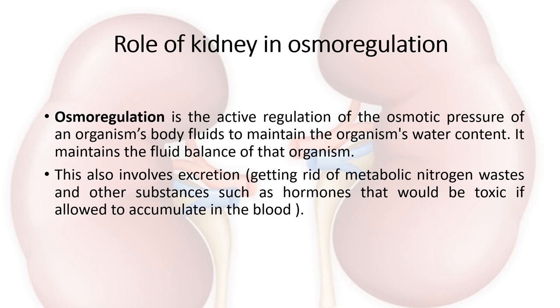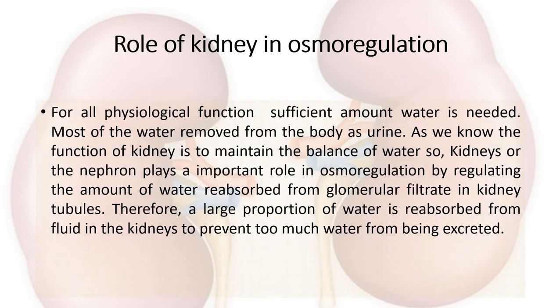Osmoregulation also involves the excretion of different types of metabolic nitrogen waste and other substances which are toxic for our body. So we know for all types of physiological function we need a sufficient amount of water, and most of the water that we drink is removed by the help of kidney as urine. As we know, the function of kidney is to maintain the balance of water.